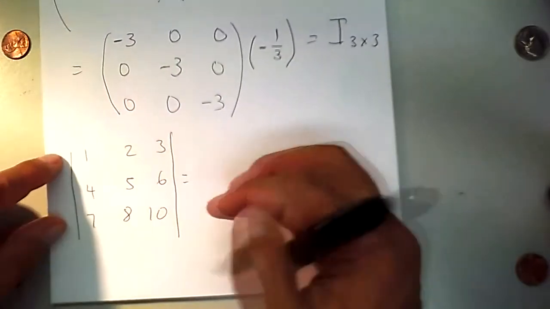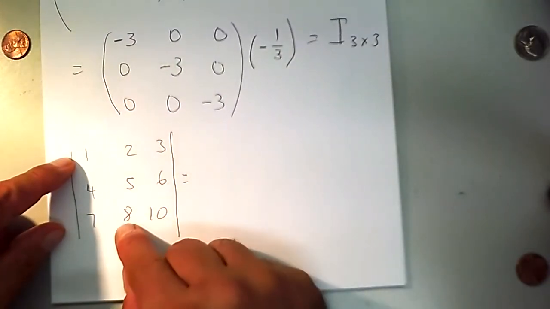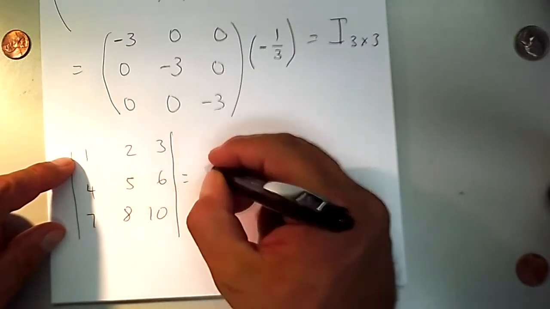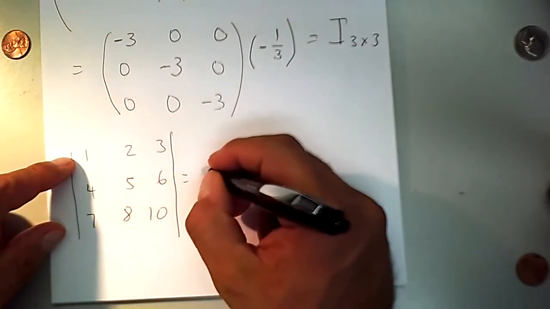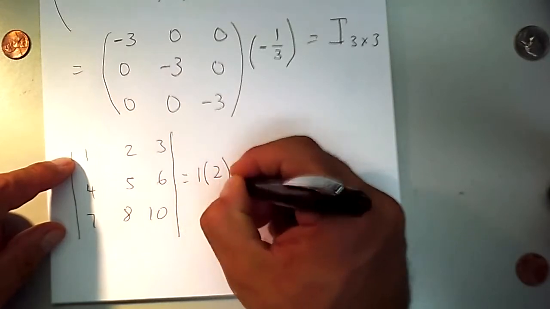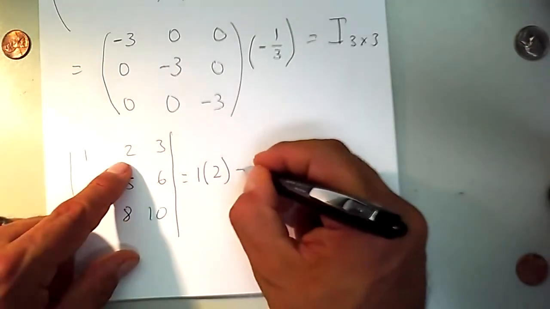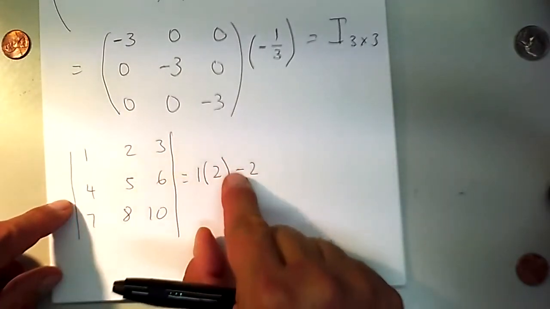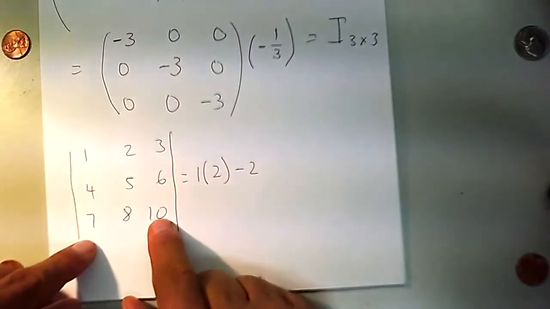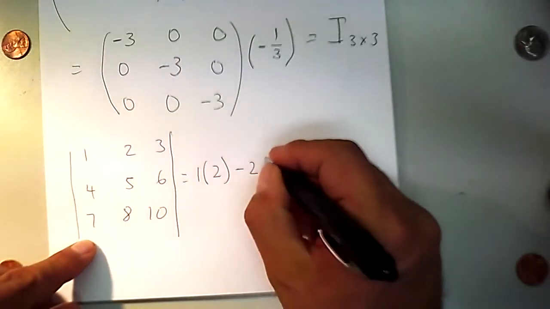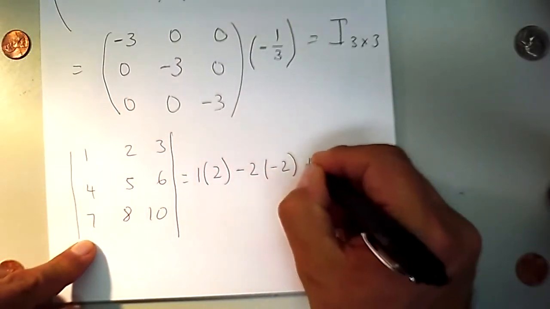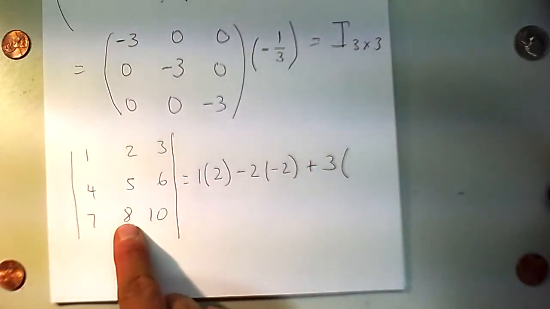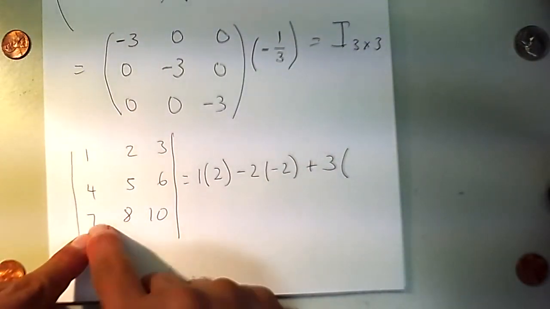So using cofactors again, that is 50 minus 48, is 2. And then minus 2 because of the position of that 2. That's why we use minus. 40 minus 42, plus 3 times 32 minus 35.